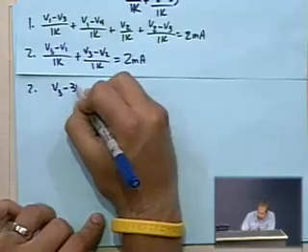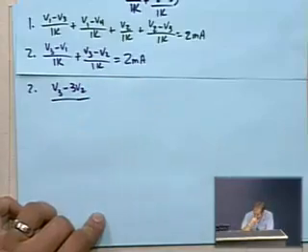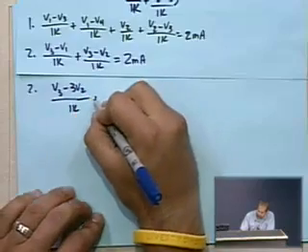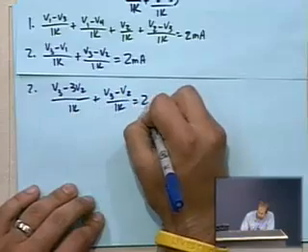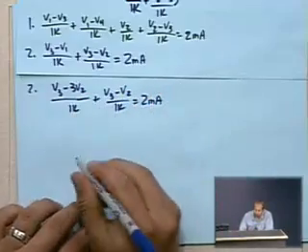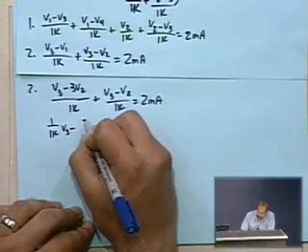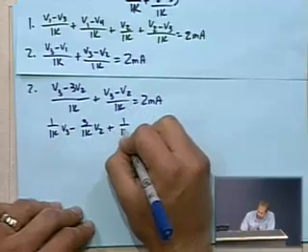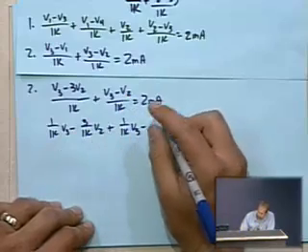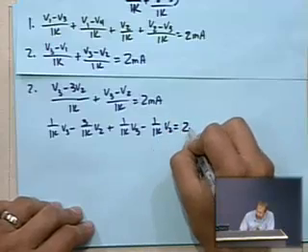V3 minus 3V2, substituting in what we've learned from our supernode over 1K, plus V3 minus V2 over 1K equals 2 milliamps. Separate that out, that's 1 over 1K V3 minus 3 over 1K V2 plus 1 over 1K V3 minus 1 over 1K V2 equals 2 milliamps.